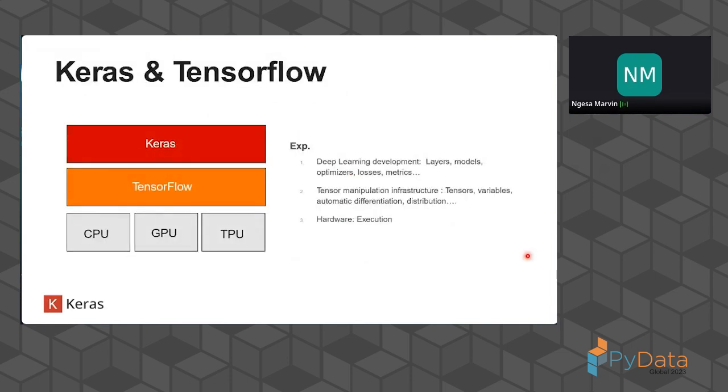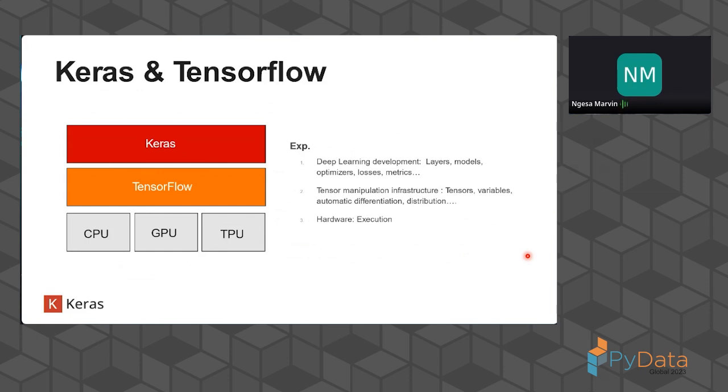And probably you're also wondering, okay, you're talking about Keras, but where does TensorFlow come in? The funny thing is, Keras was released earlier than TensorFlow. In fact, Keras was released 8 months before TensorFlow.